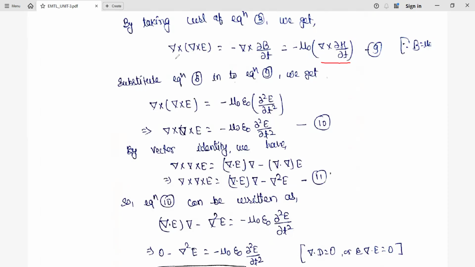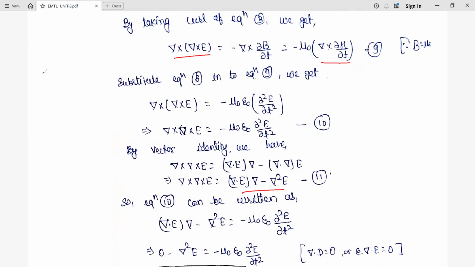And here in the LHS, we are going to apply the identity. On the basis of that identity, we have del del dot E minus del square E. This is for the LHS. And here we have a similar discussion. Already we have del cross dou H by dou t, so that value we are going to substitute here.